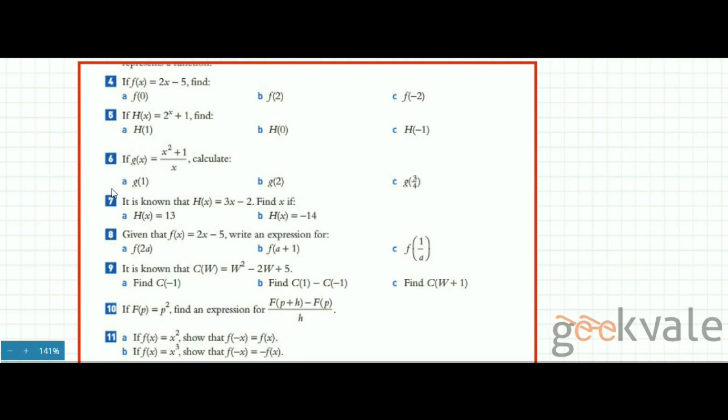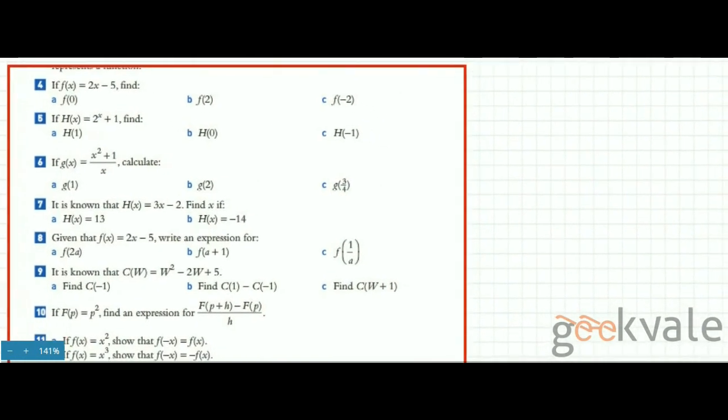Let's look at it. If f of x equals 2x minus 5, find f of 0, f of 2, f of minus 2, etc. So let's do this one. F of minus 2, where f of x equals 2x minus 5.